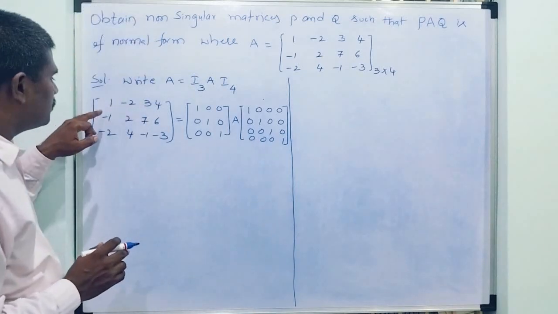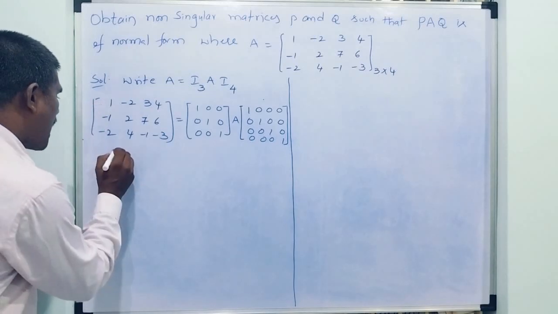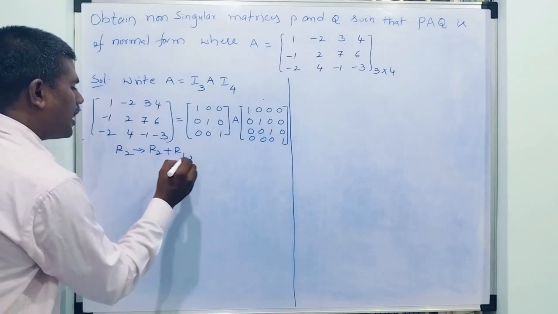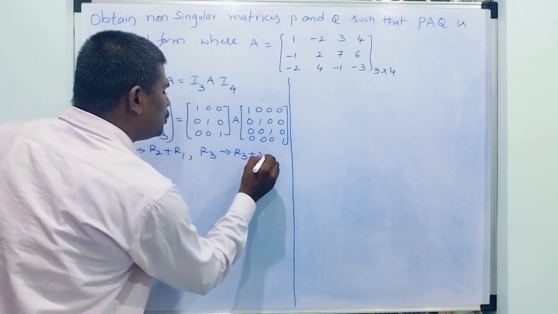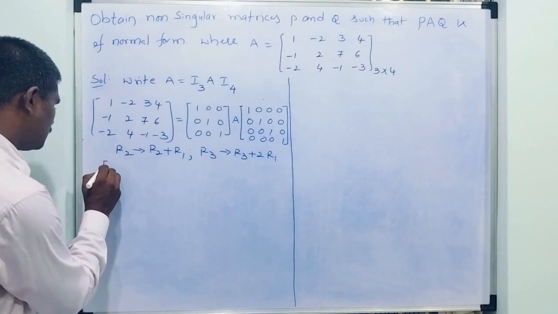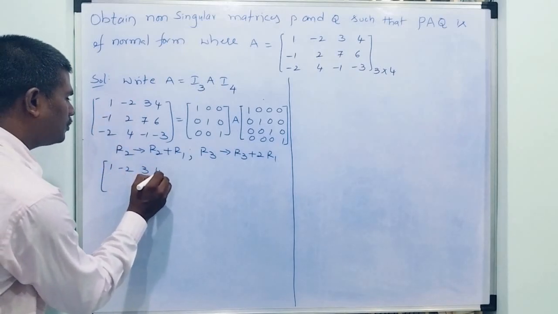So let us make these two elements 0. That means R2 tends to R2 plus R1 and R3 tends to R3 plus 2R1. Apply these two operations, then you will get no change in the first row: 1, minus 2, 3, 4.